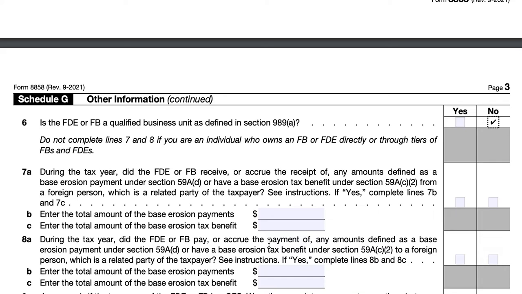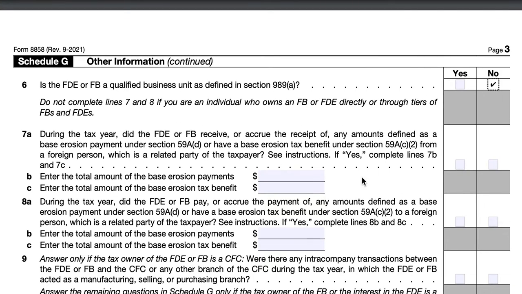And then base erosion tax benefit would be a tax deduction that is allowed under similar circumstances. So if you do say yes to either 7A or 8A, then you need to enter the amount of the base erosion payments as well as the base erosion tax benefit.